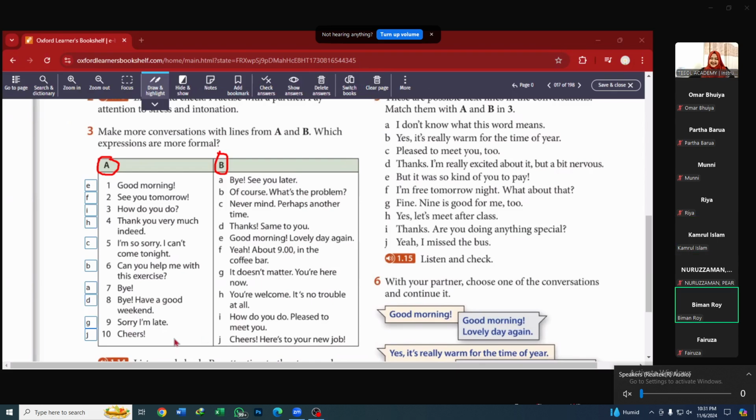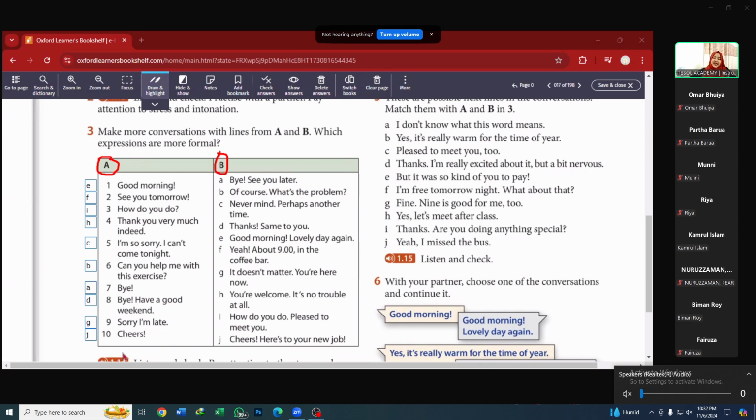Sorry, I'm late. Never mind. Number G is the answer. It doesn't matter. You're here now. Very good, Mr. Biman. Well done. Last one. Cheers. Here's to your new job. Very good. Excellent work, both of you, Mr. Kamrul and Mr. Biman. Great work.